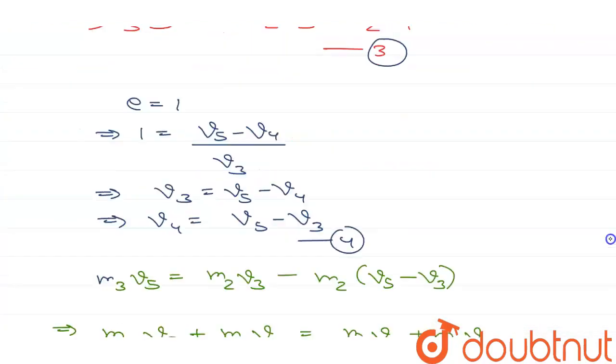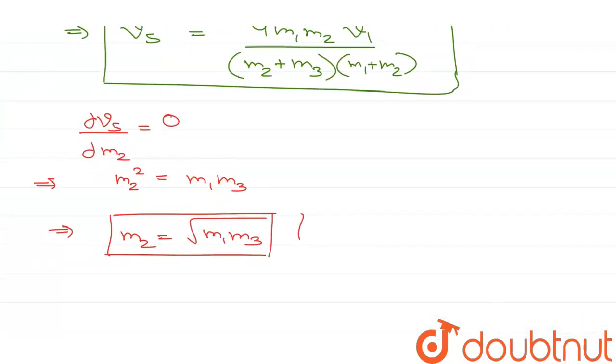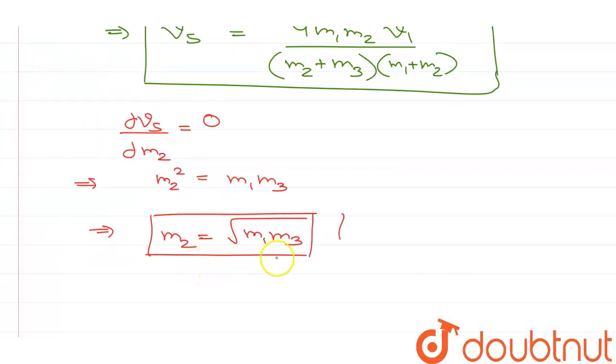And the maximum velocity that it achieves will be v5 when we have put the value of m2 is equal to root m1 m3.